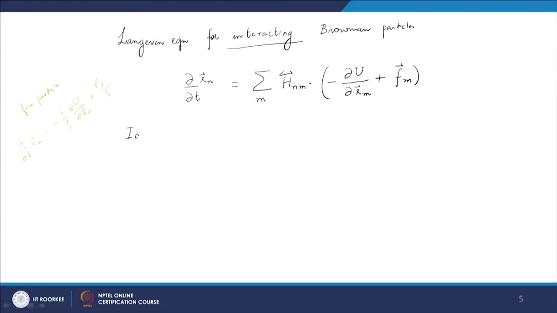Okay. So, now if I consider the case of an ideal chain, that is, no excluded volume, which by the way corresponds to what we referred to as a theta solvent condition.